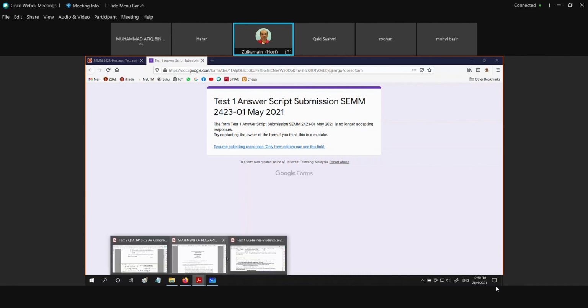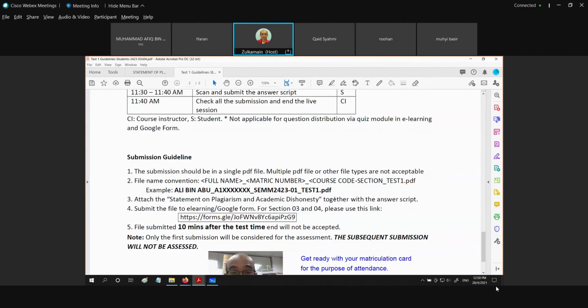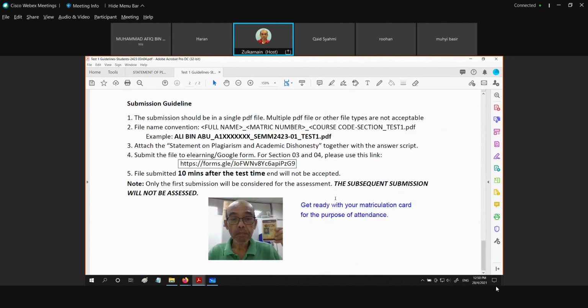Sorry. Okay, so please read this guideline carefully. Anything, let me know. And then tengoklah apa yang kita boleh, kita akan solvekan problem yang timbul lah.